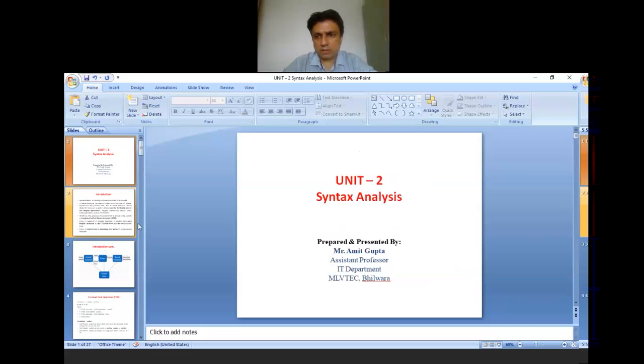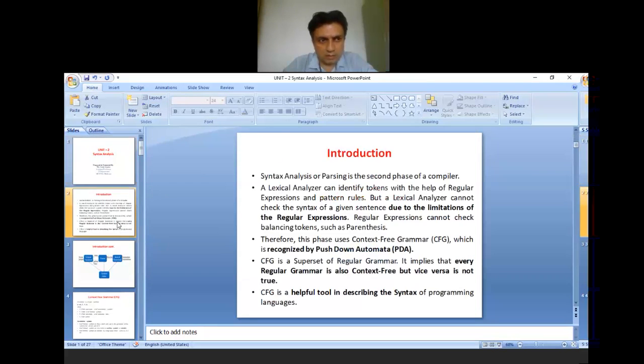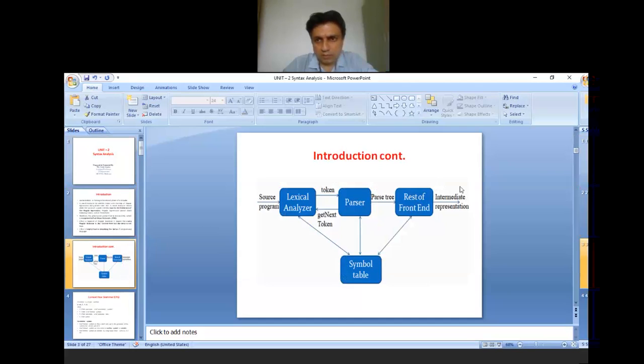So in the last class, we already discussed syntax analysis, its introduction, and basically its important diagram. The parser or the syntax analyzer takes the tokens from the lexical analyzer and produces the parse tree.